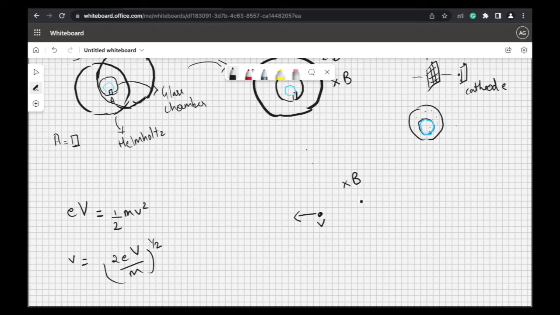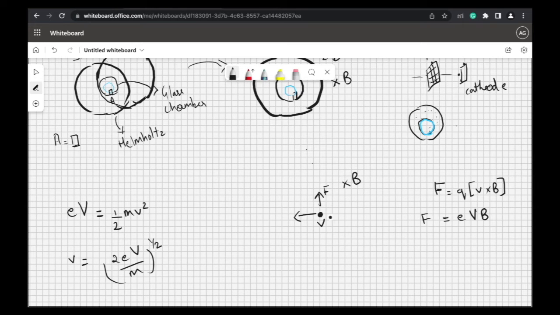This is the velocity with which it enters this chamber, and since it has some velocity v, it experiences a force in this direction. Why is that so? Because the force on a moving charged particle inside a magnetic field is given by this equation, and this is nothing but evB, where e is the charge of the electron.